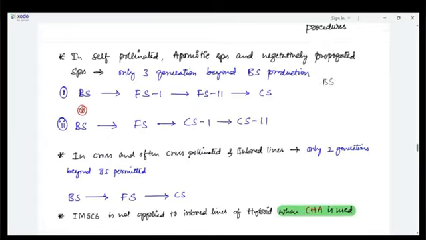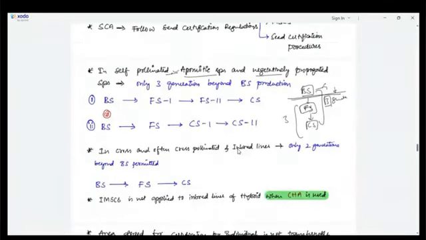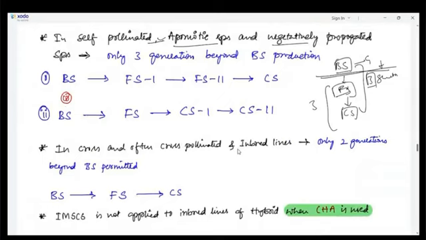As you know, we have breeder seed, foundation seed, and certified seed, which is 3 generations, but there are certain conditions where you can go beyond that. For self-pollinated, apomictic or vegetatively propagated species, after breeder seed production, excluding the breeder seed generation, you can go up to 3 multiplications.